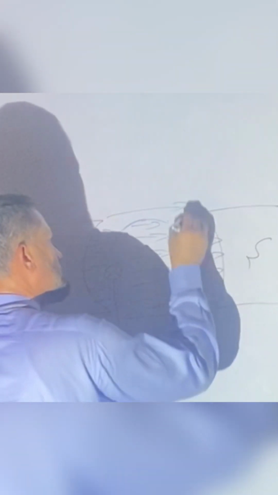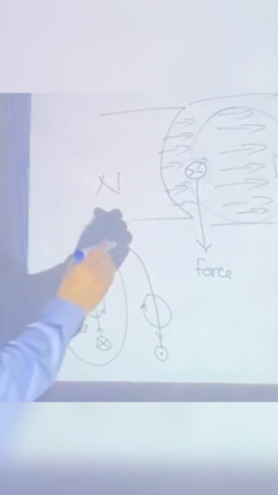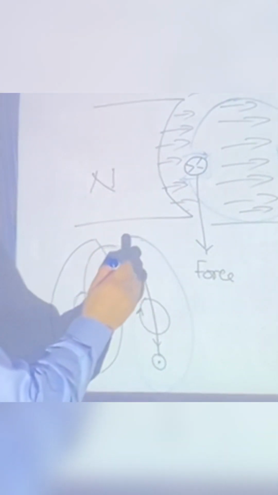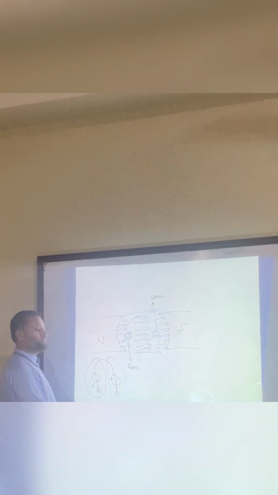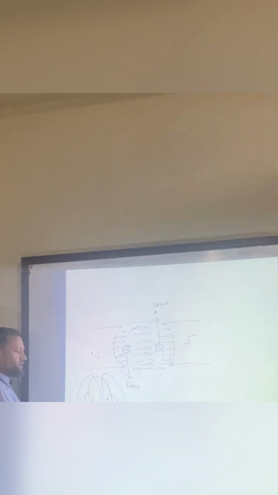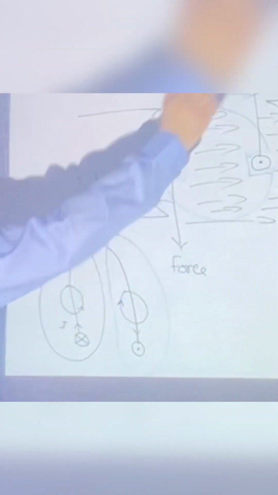So the force is upward on this half of the loop. On this half of the loop the force is down, and on this half the force is up.